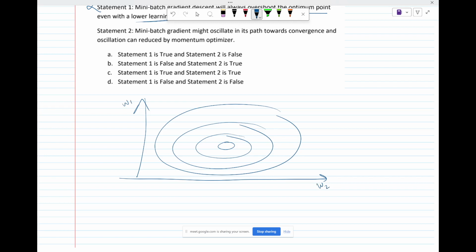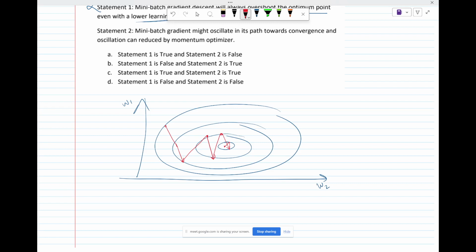So normal gradient descent may start from here and it may be something like this. Something like this may happen.